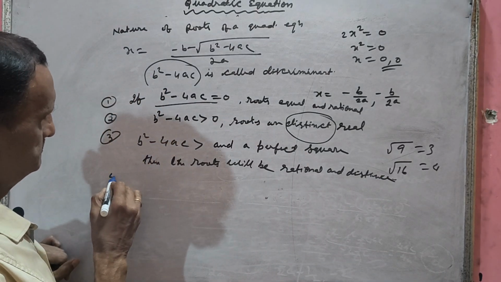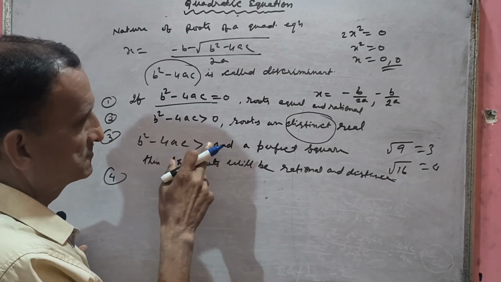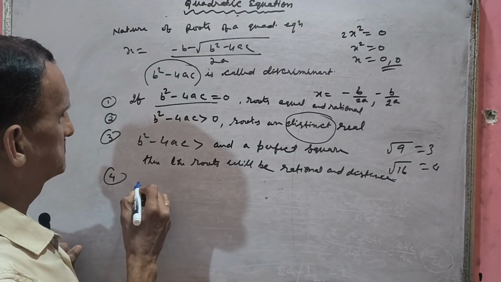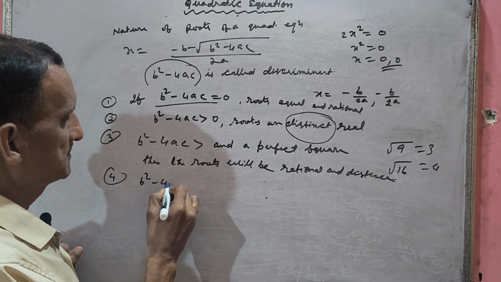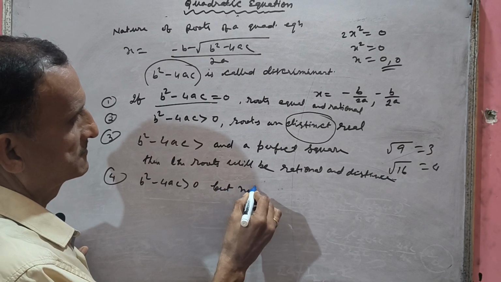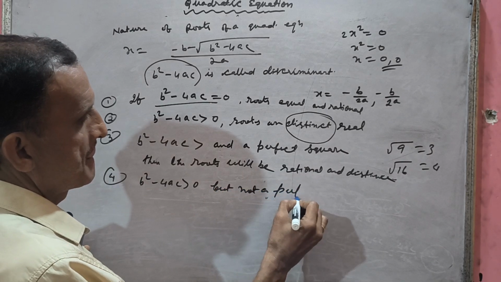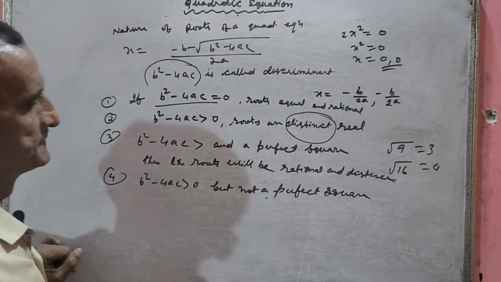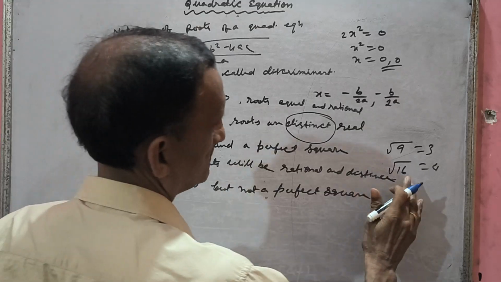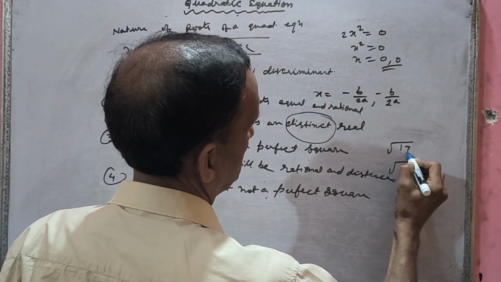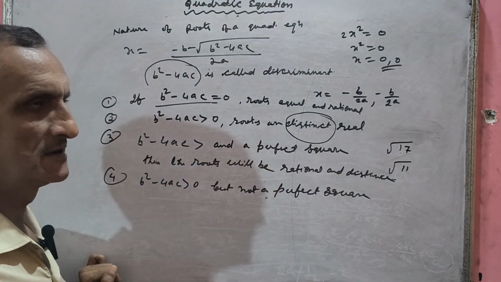Now, as I told you, there are 2 conditions. Why always a perfect square? It may not be a perfect square. So b square minus 4ac greater than 0, but not a perfect square. Not a perfect square means like this, it might be 17, it might be 11, then the root sign will still be there.